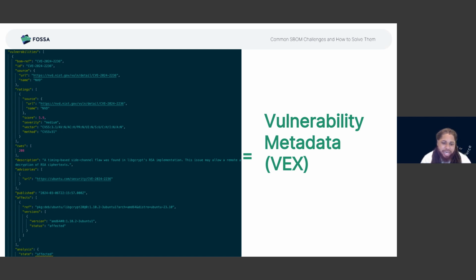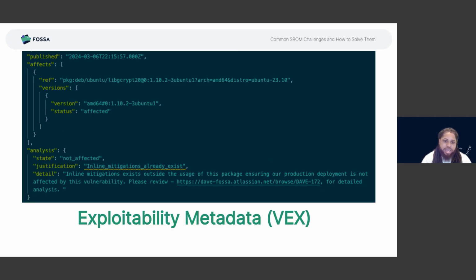I would then transition to imagine a scenario where this vulnerability has come out. We've then chucked this vulnerability over to our development teams to help us understand, hey, are we actually impacted by this? And if not, can you give some information on the why? At this point in time, a developer has now actually analyzed this particular vulnerability. They've determined, no, we already have inline mitigation in place for this, so it's not going to be in our production and deployment. And then you can actually include more details if you would like, whether that be in the form of a Jira ticket, a Google Doc, or whatever form of messaging that you desire.